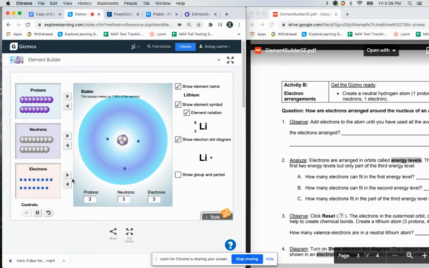And if we add another electron, then there's 2 right there. So you'll notice only 2 are going in that first one. Even though we add more electrons, no more will fit in the first orbit, but they come to the second orbit. Let's see how many the second orbit can fill.